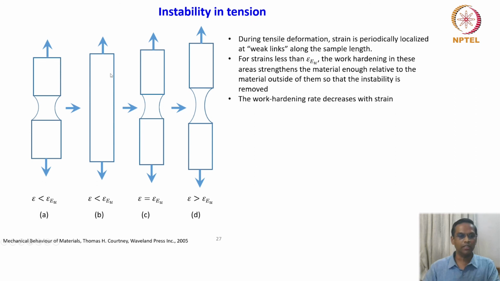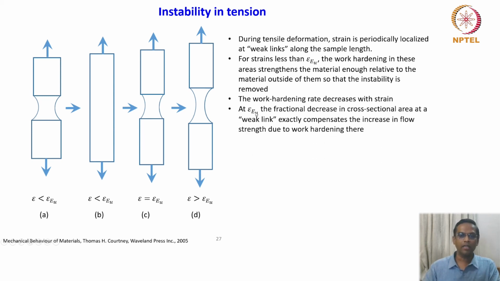So it is almost equalizing the whole specimen through uniform strain. Then the work hardening rate decreases with strain up to the maximum load. The fractional decrease in the cross-sectional area at a weak link exactly compensates the increase in the flow strength due to the work hardening there.